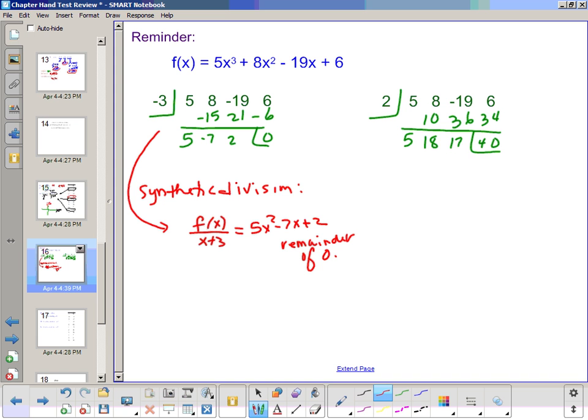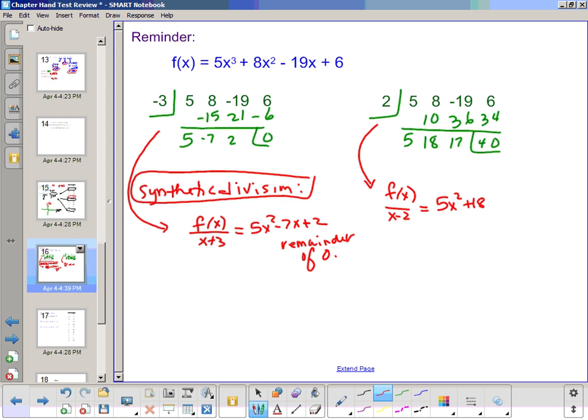And on the right, what we've shown is that f of x divided by x minus 2 equals 5x squared plus 18x plus 17 with a remainder of 40.